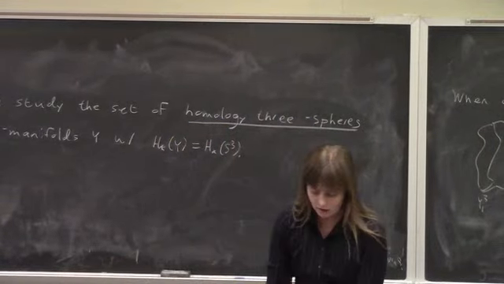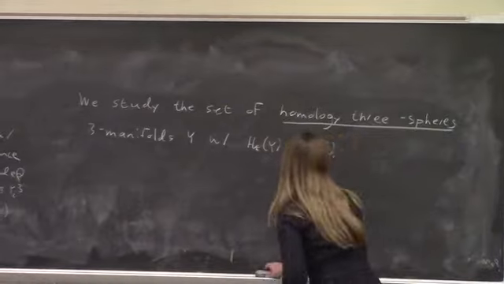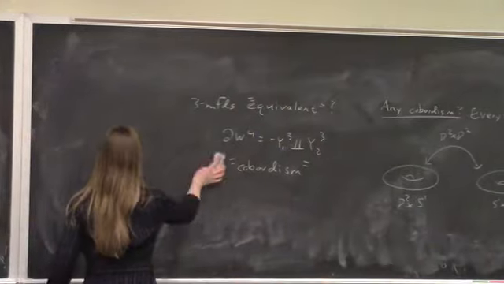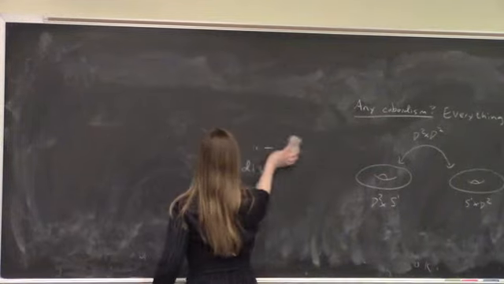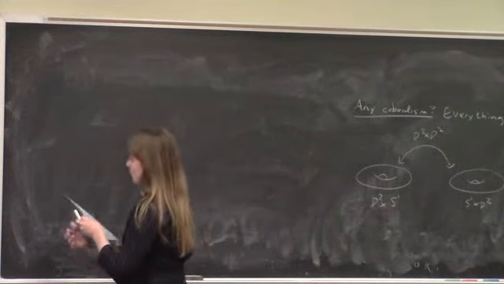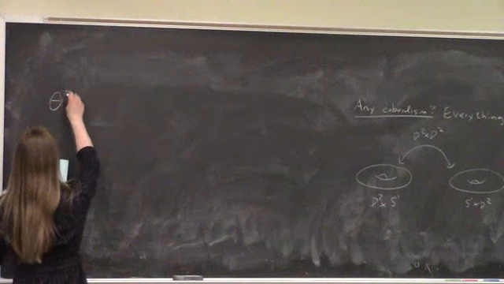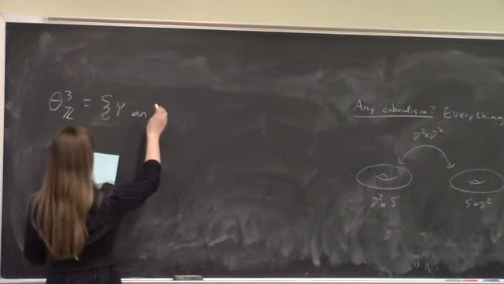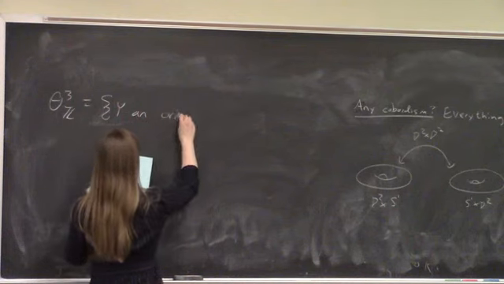All right, and we're going to study the set of such manifolds. So manifolds that I can't distinguish using homology from the 3-sphere, up to the equivalence relation of homology cobordism. So I'm going to study the set of things that are oriented.